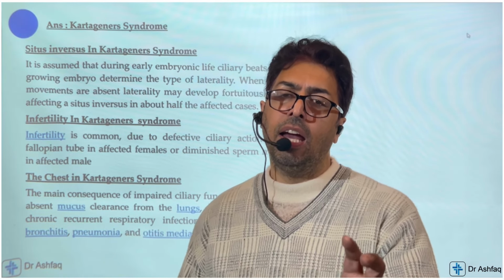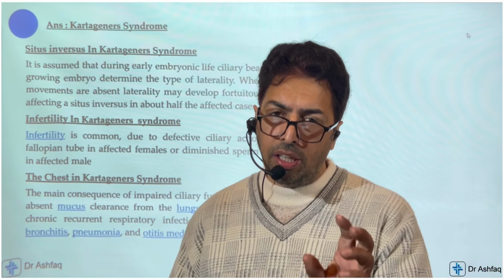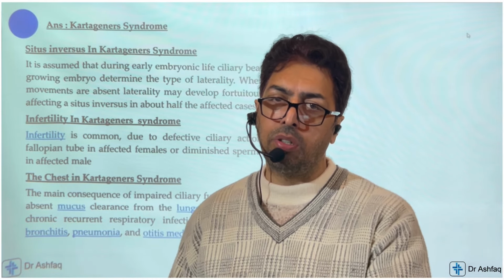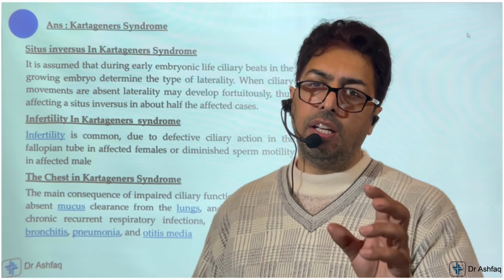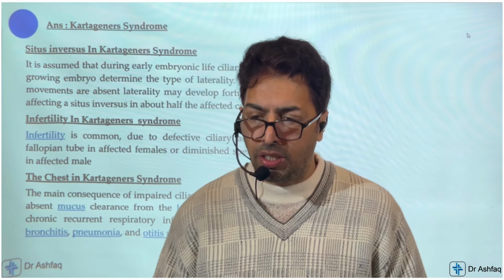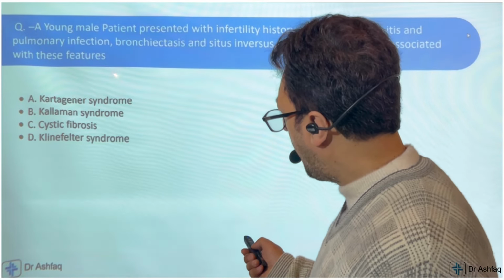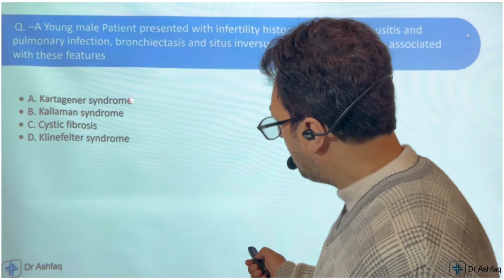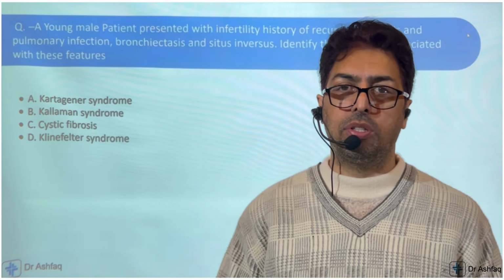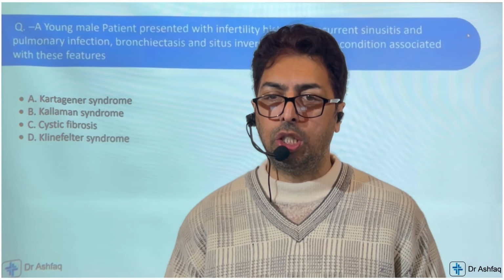So basically, had you known the role of the cilia in embryonic life, the role of the cilia from histology in the reproductive tract, the role of the cilia in the respiratory tract, the question is already answered. So going back, the answer is immotile cilia syndrome, or ciliary dyskinesia syndrome, or Kartagener syndrome. So that's important. Again, the basics, standard textbooks is what matters.